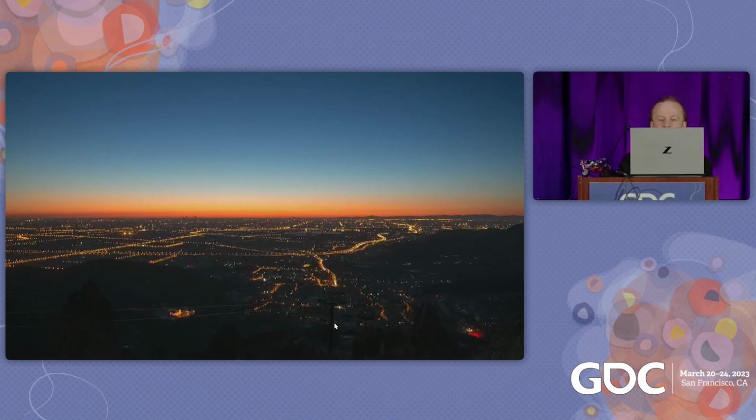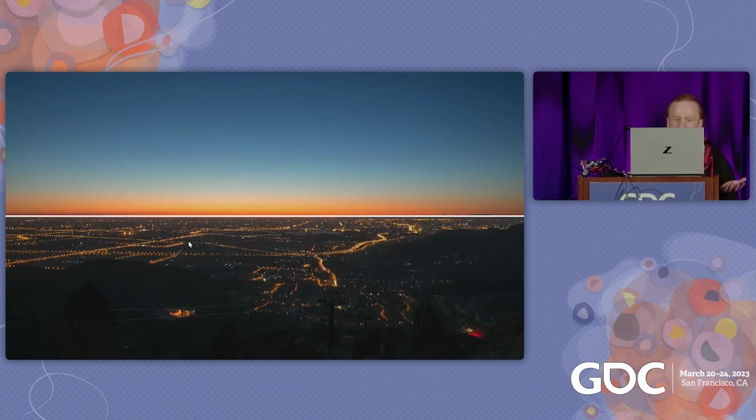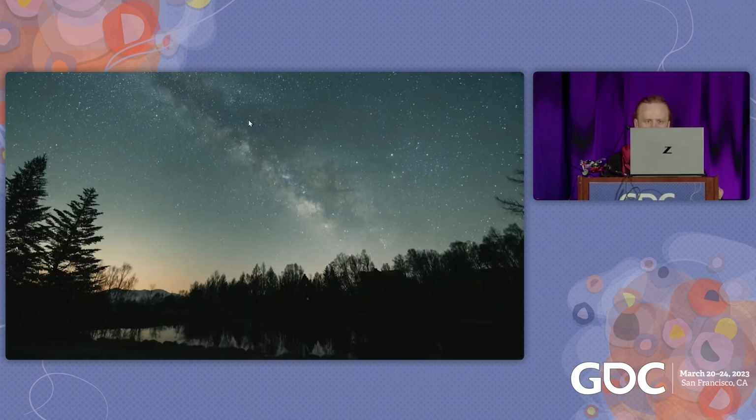So consider, if you will, the horizon line. You might be compelled to say that the horizon line is more like a circle, right? Because the Earth is spherical. So yeah, this feels like maybe it's a circle. But actually, if you look around, you'll always see it as a line. Similarly, the Milky Way, in this very lovely picture, forms a line in the sky.